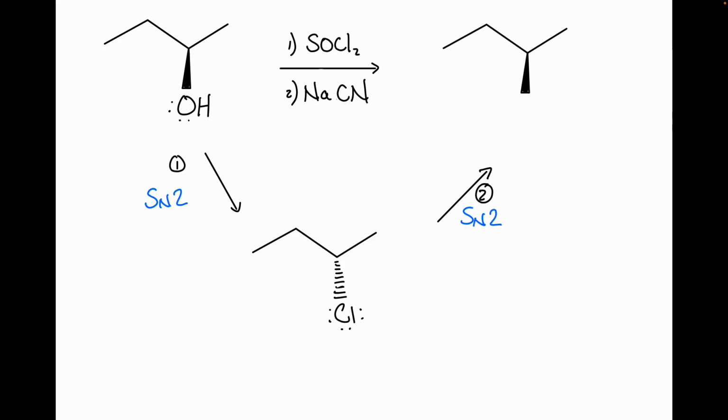All right, so that first step flips it. That second step flips it again. And so now I have my nitrile group added onto that wedge. And to be clear, the reason for that stereochemical inversion, again, is this cyanide ion, that's our nucleophile.